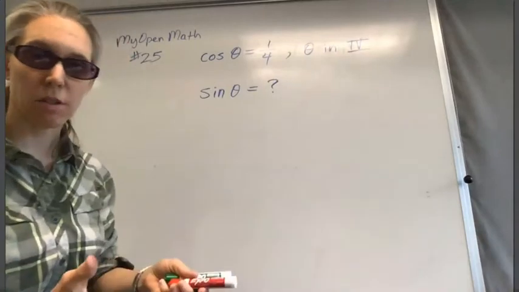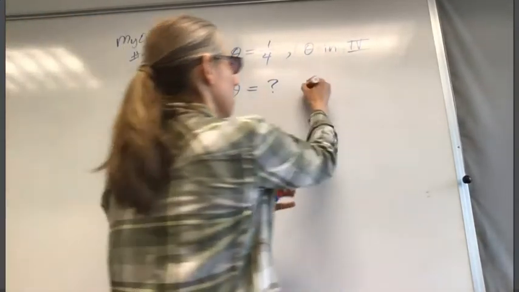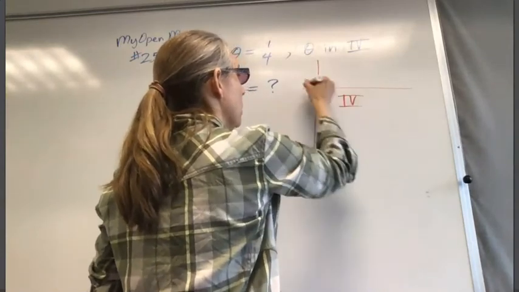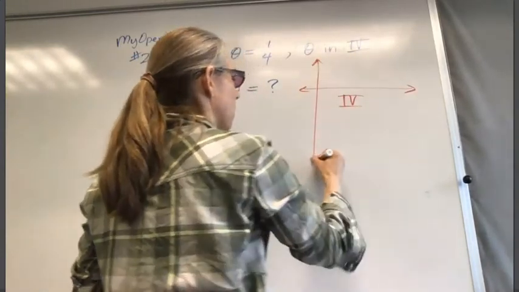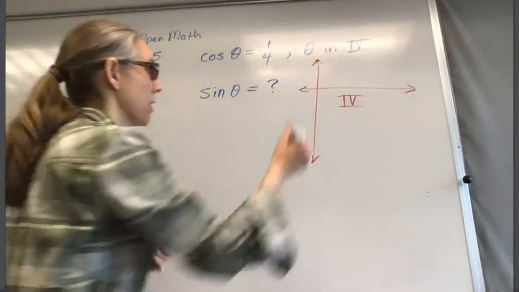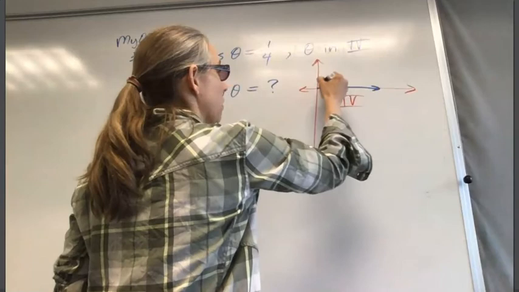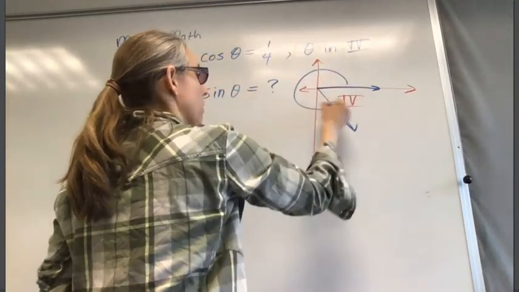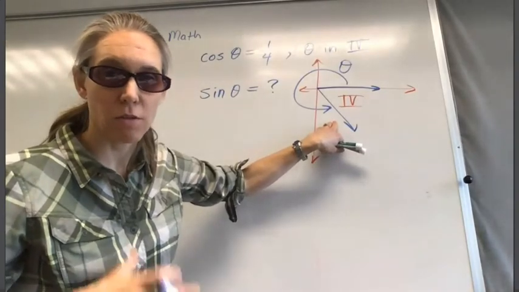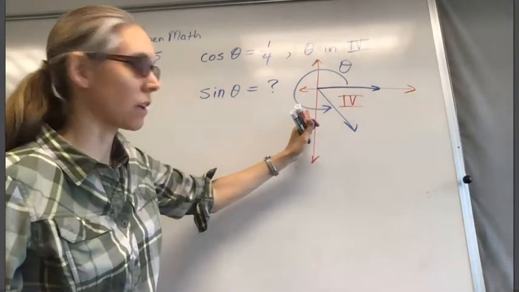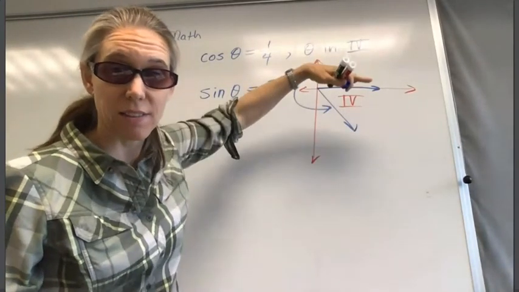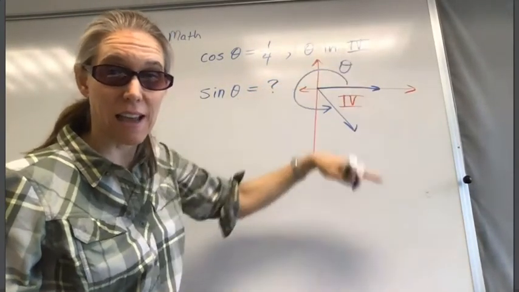Okay, so let me start by just drawing a picture. Quadrant 4 is right here. Okay, so let's think about this. If I have an angle in standard position with the terminal side in quadrant 4, that means that the cosine value is positive and the sine value is negative.